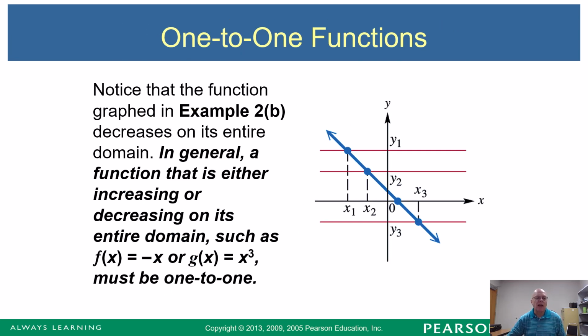Another way of looking at it is, if you've got a function, and if it's increasing everywhere as you go left to right, for example, or it's decreasing everywhere as you go left to right, that also proves that it's one-to-one.